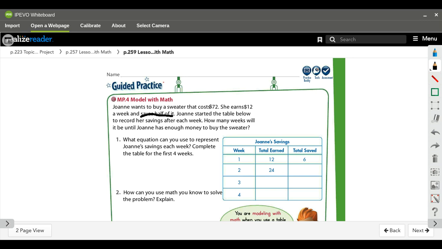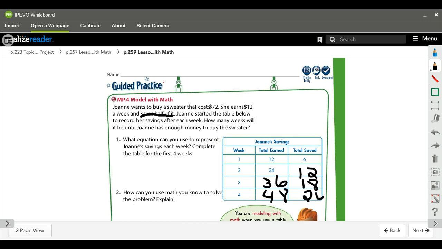So if she did $24, that means she's going to have $12 total saved. She earned another $12. This is going to be 36. And again, over here, I'm going to put in another $6. So I get 18. And then 4 is going to be 48. And then she's going to have 24.